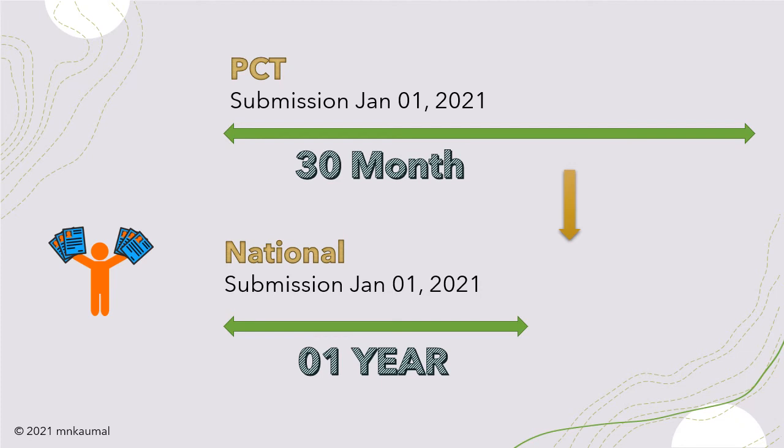So the day you submitted the first application is considered the submission date, but it can also be considered the priority date. Whatever application you submit within the first year will consider the first submission date as the priority date. From that day you have 20 years. But this 1 year is really difficult to utilize in an effective manner because it's only 12 months.